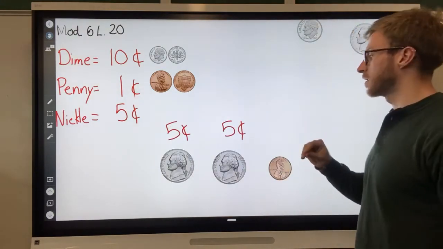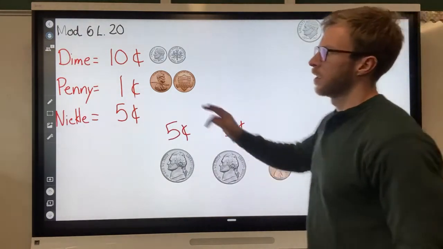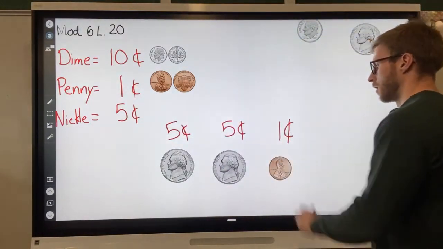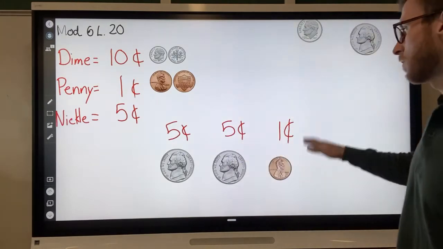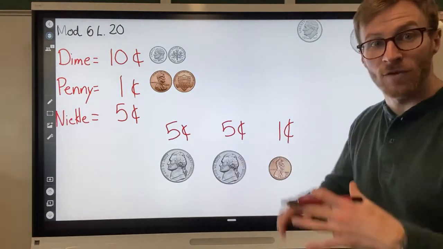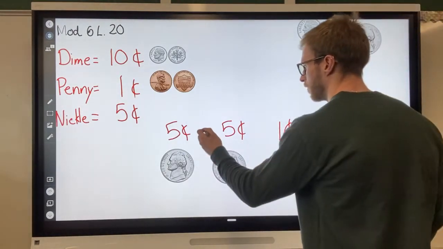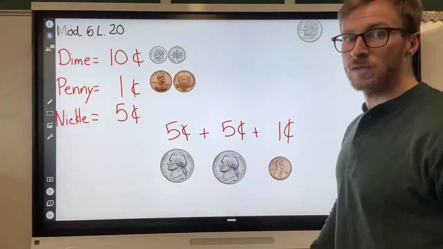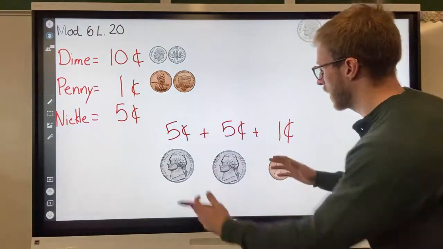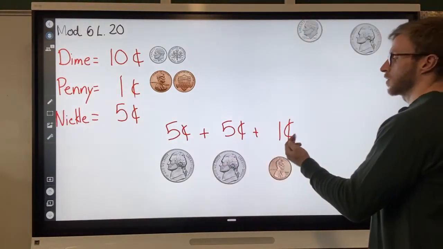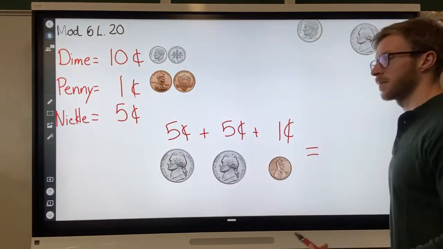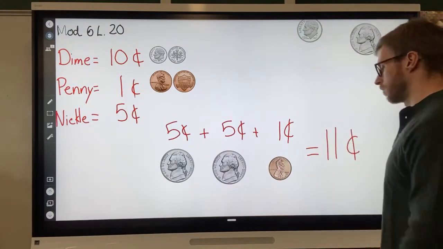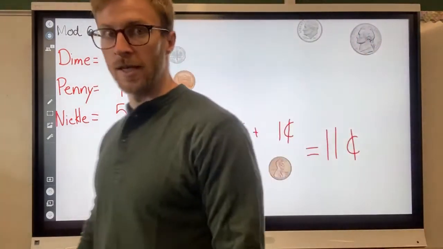No, that's not 5 cents. Okay, that's a penny. A penny is 1 cent. All right, so this is 1 cent. Okay, so I have 5 cents, 5 cents, and 1 cent. Well, to figure out how much I have all together, we add them up. So 5 plus 5 equals 10. So here's 10 cents. So 10 cents plus 1 cent equals 11. So we have 11 cents right there.